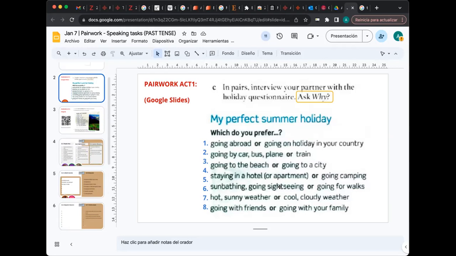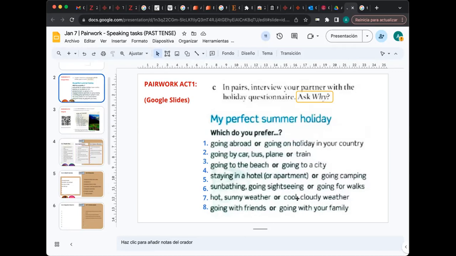I like tourism more. Sunbathing, going sightseeing, or going for walks?